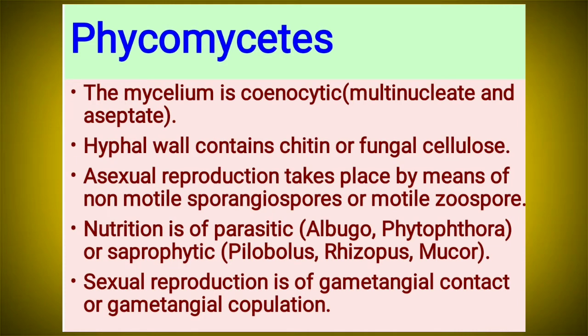The hyphal walls contain chitin or fungal cellulose. As we know, the fungal cell wall is made up of chitin or fungal cellulose. Here also this is the same. Then the third point to be kept in mind is asexual reproduction, which takes place by means of non-motile sporangiospores or motile zoospores.